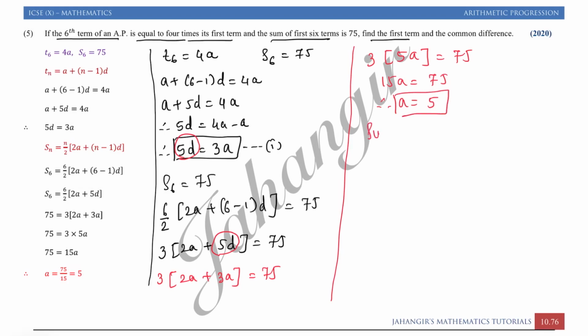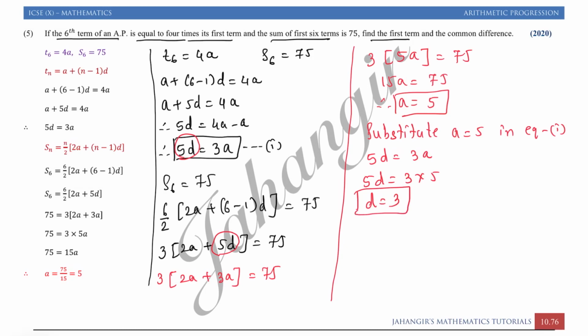Now we can substitute A is equal to 5 in equation 1. So therefore 5D is equal to 3A. So 5D is equal to 3 into 5. Cancelling 5, D is equal to 3.